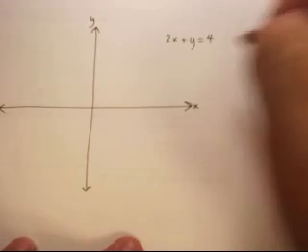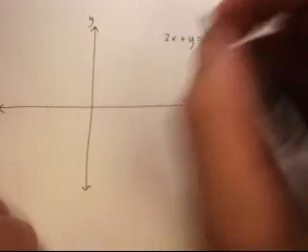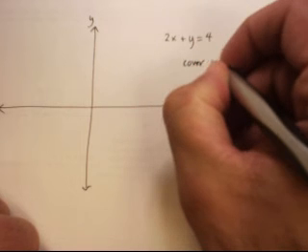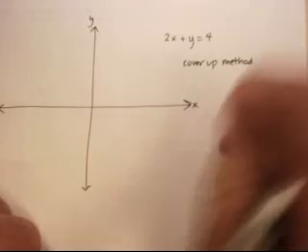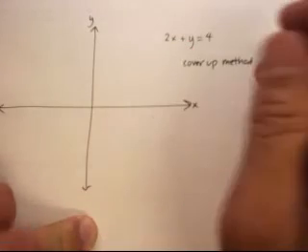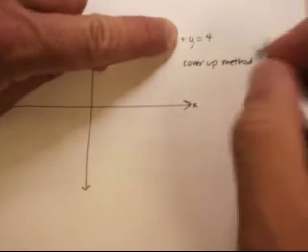Now, what can you do with the standard form? Well, I call this the cover-up method, or the x-y-intercept method. If you make x 0, you get 2 times 0. In other words, there's nothing there. That means that your y would be 4.